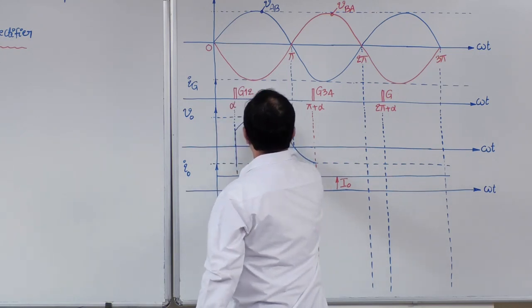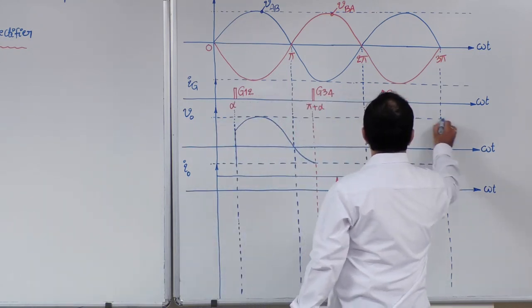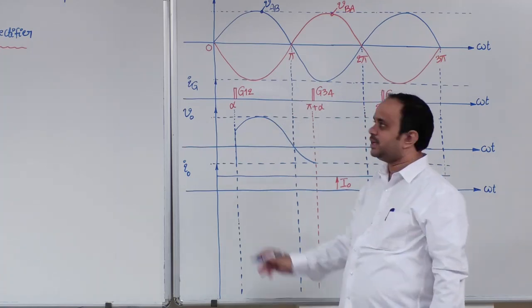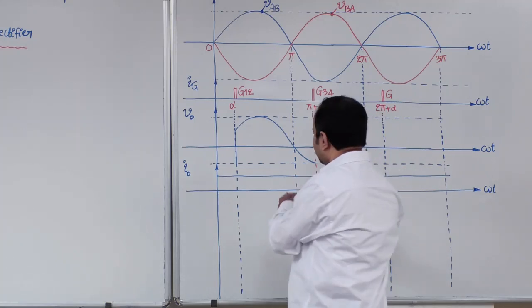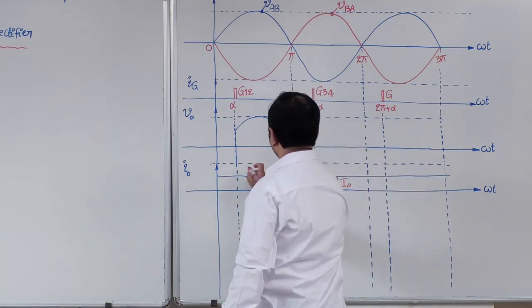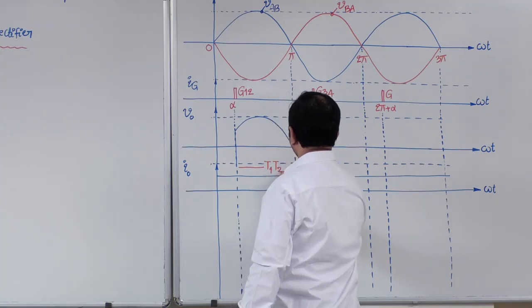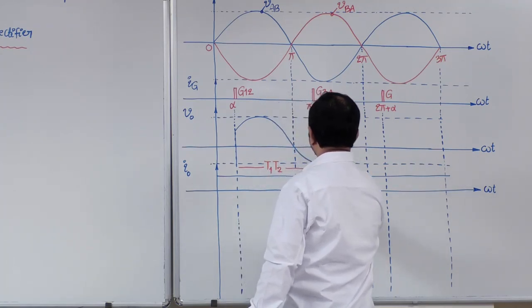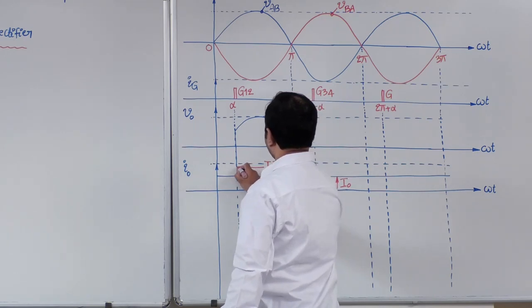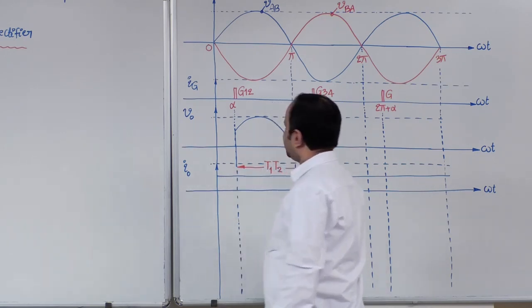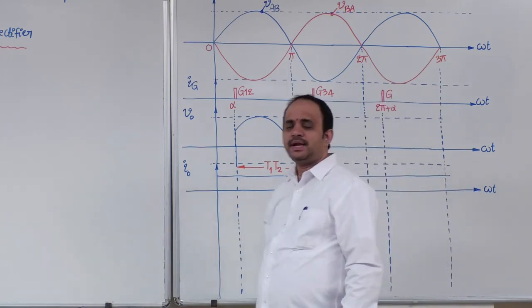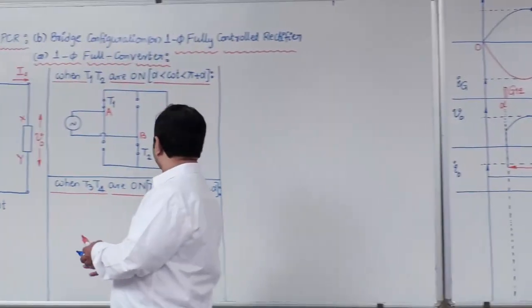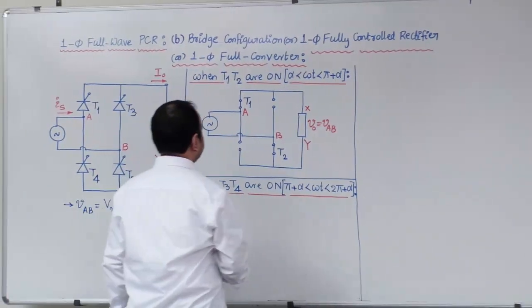If you look at the source voltage VAB waveform shape, cut that and plot it here, and it looks like this. Now what are the conducting devices? It is good to write down the device numbers here. This is the T1 T2 conduction interval. Now, along similar lines, let us draw the equivalent circuit for the second half.